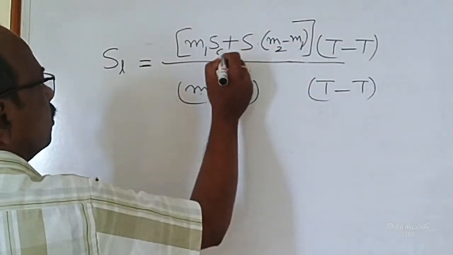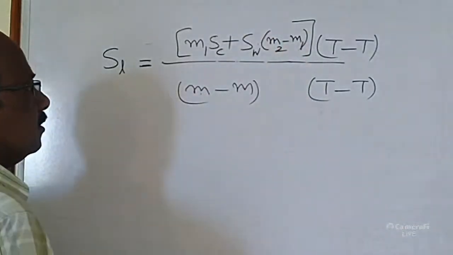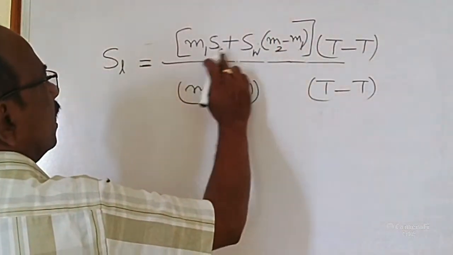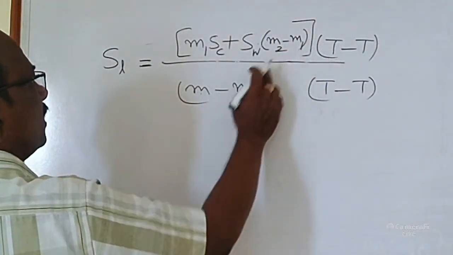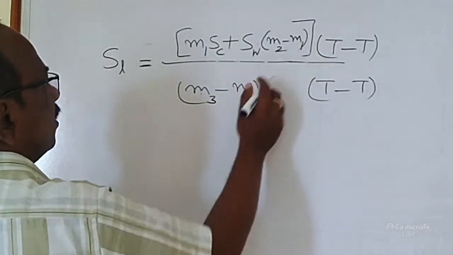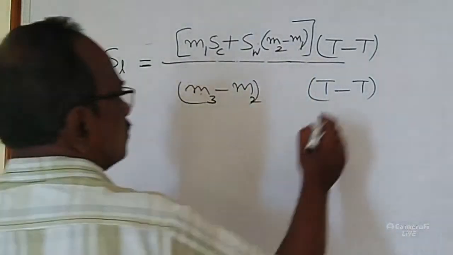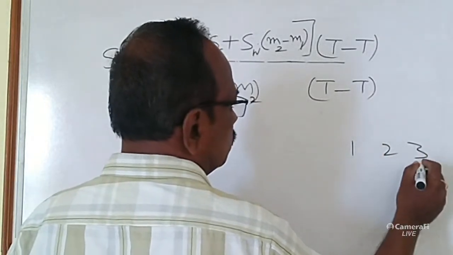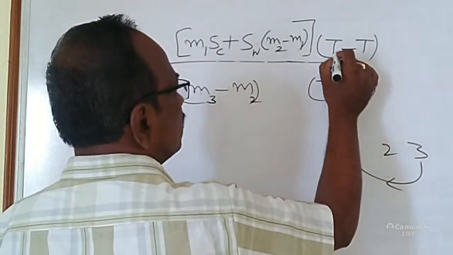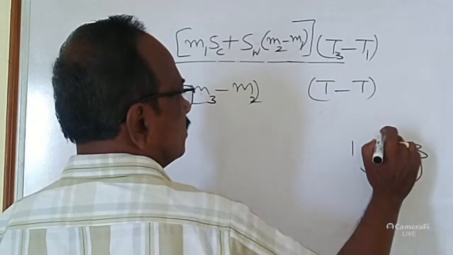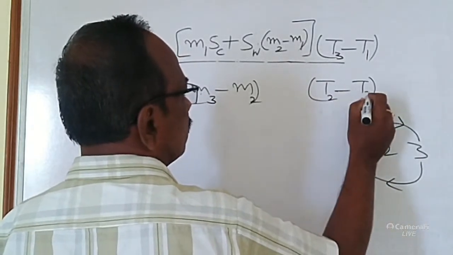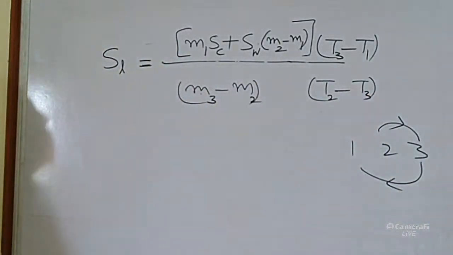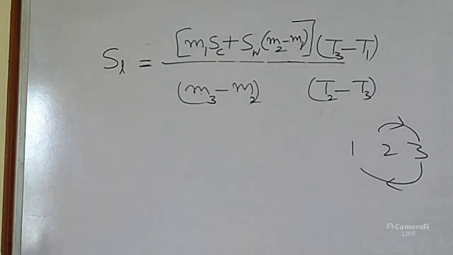So specific heat of calorimeter, specific heat of water. So this one 1, 2, 1. So here 2 means 3, here 1 means 2. So here how to write 1, 2, 3. So 3, 1. First one 3, 1. Next 2, 3.